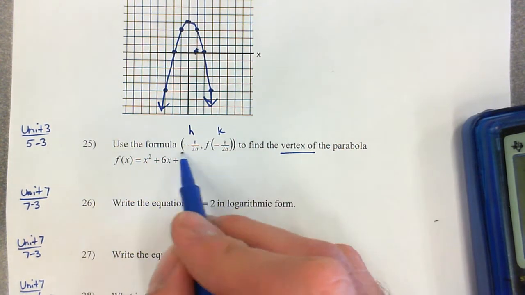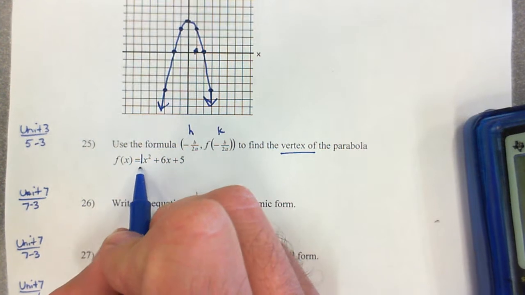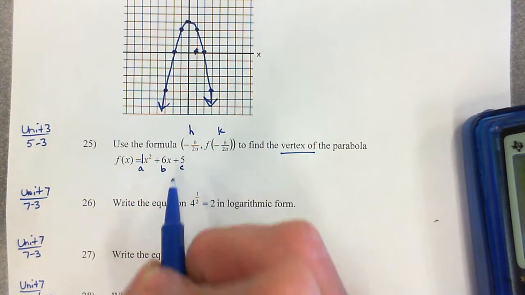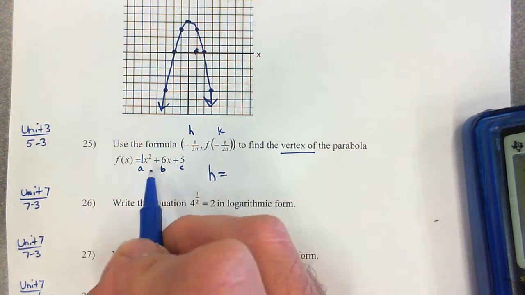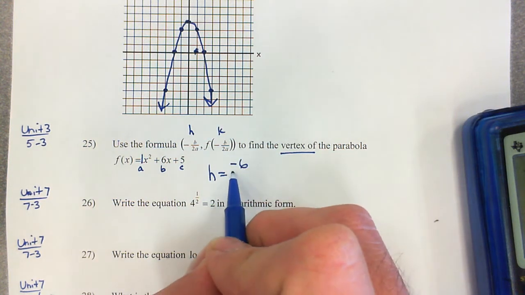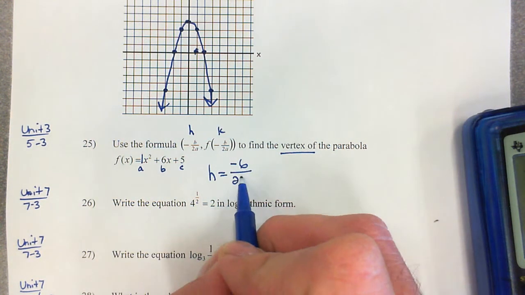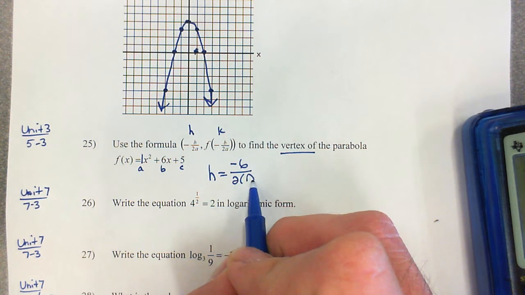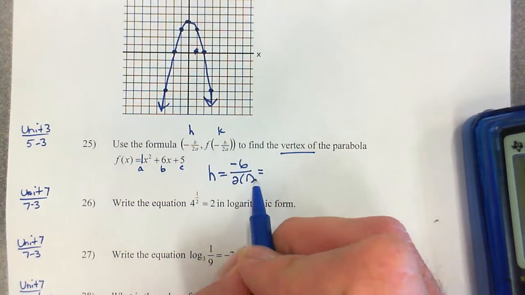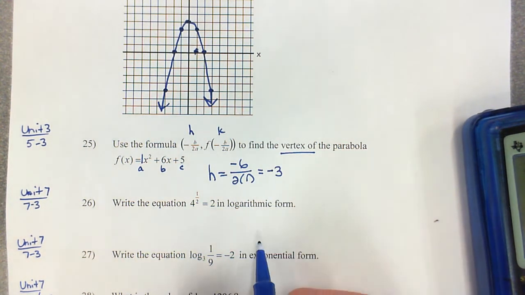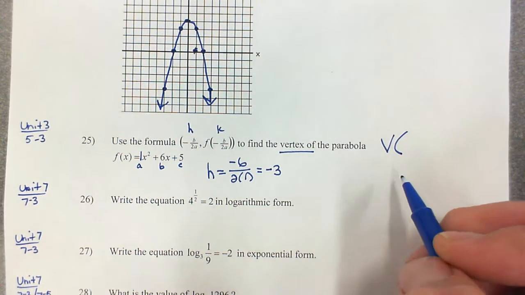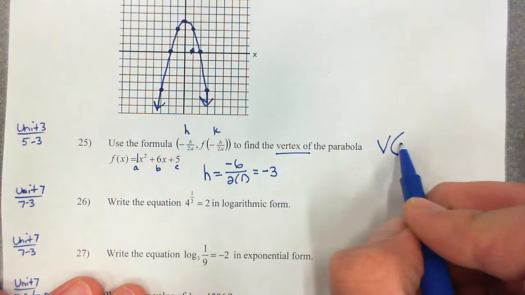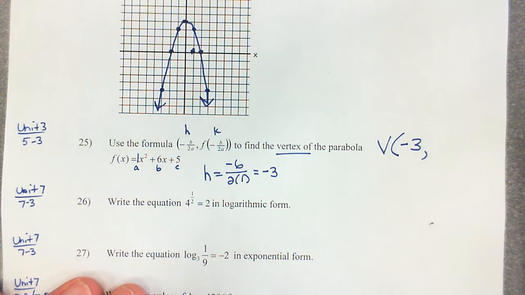Okay? So if we use the formula, remember there's a 1 out in front here, so this is a, b, and c. So your value of h is opposite of b, which is negative 6, over 2 times a, and a is 1. So this is negative 6 divided by 2, that's negative 3. So for your vertex, your h is -3.